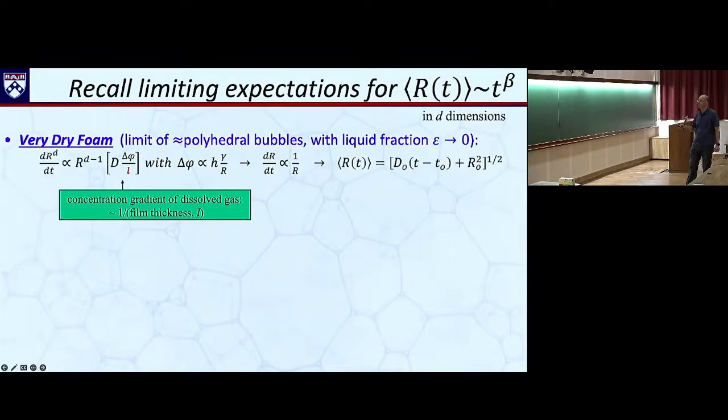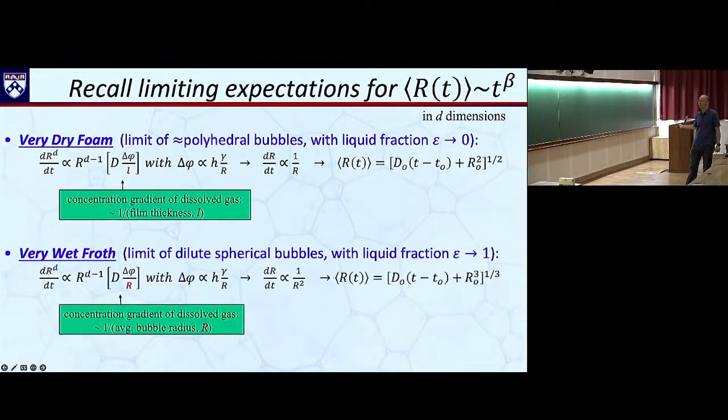So, actually here I've got the slide to recap that. I guess I can just show that to you again. And basically the difference is because, in both cases, the volume rate of change is proportional to surface area times the diffusive flux.